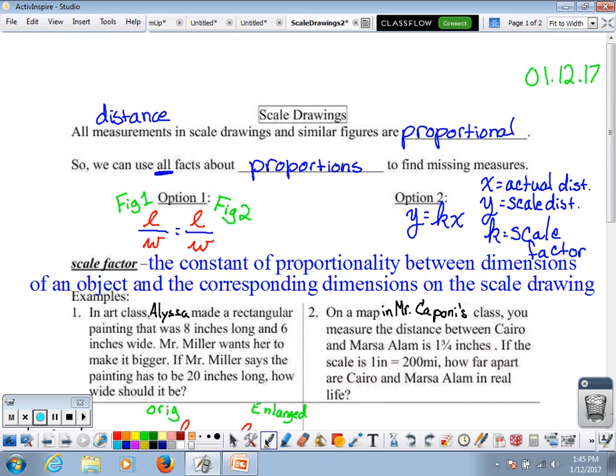The scale factor is the constant of proportionality between the dimensions of an actual object, the real deal, and the corresponding dimensions on the scale drawing.